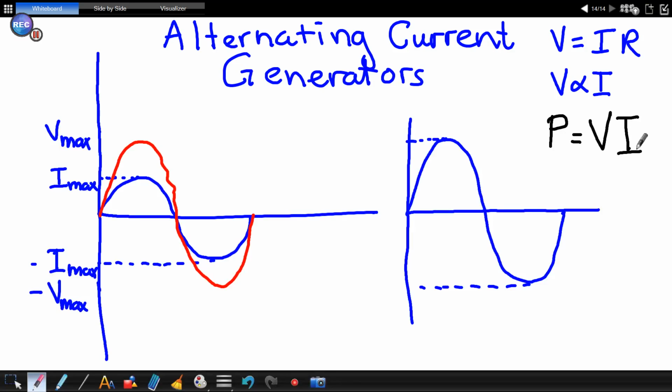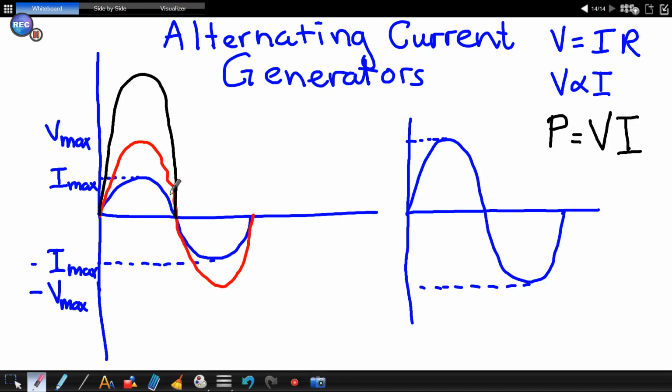Observe closely now. If I take the blue graph's values and I multiply it by the red graph's values, I am going to get power. I'm not done yet.